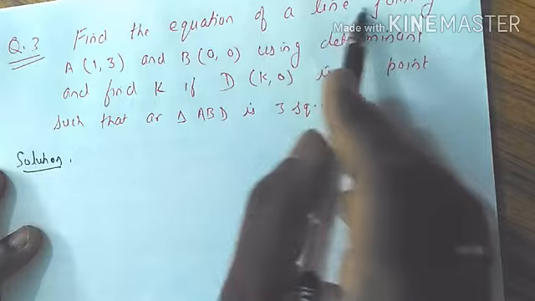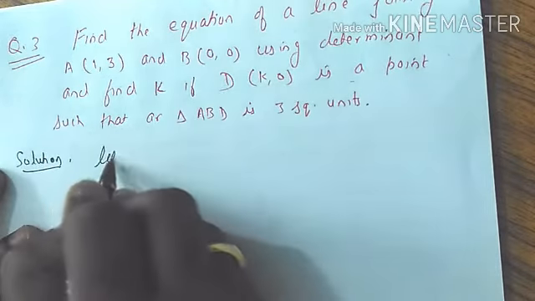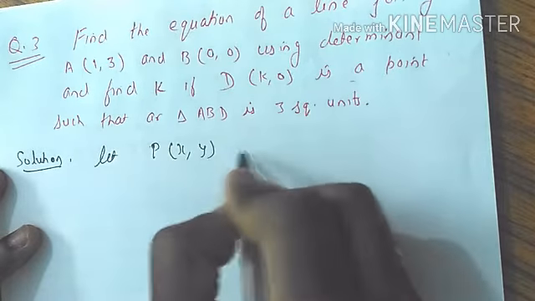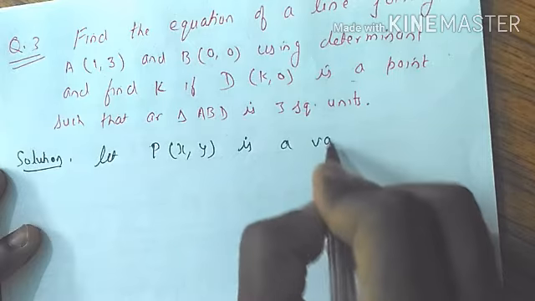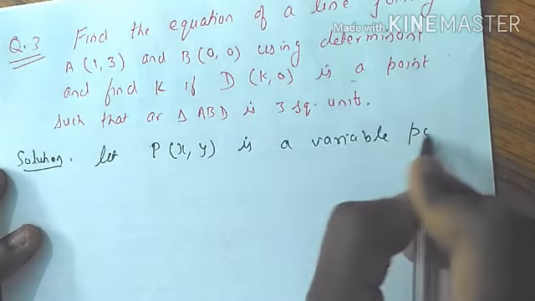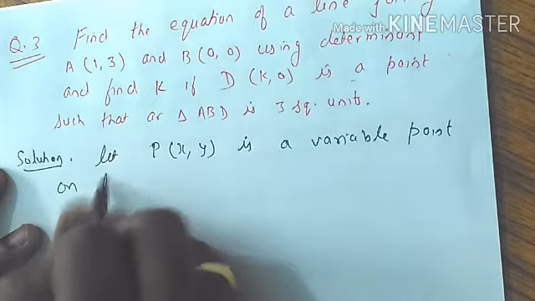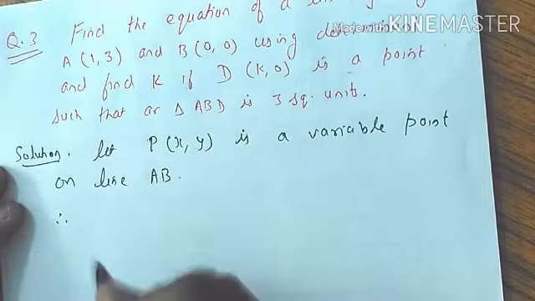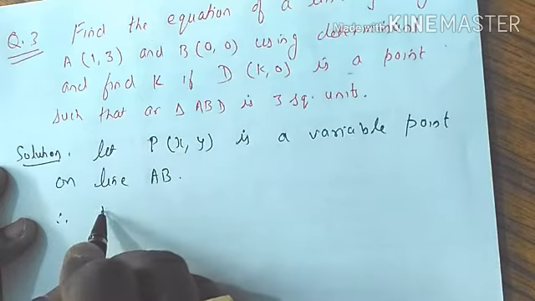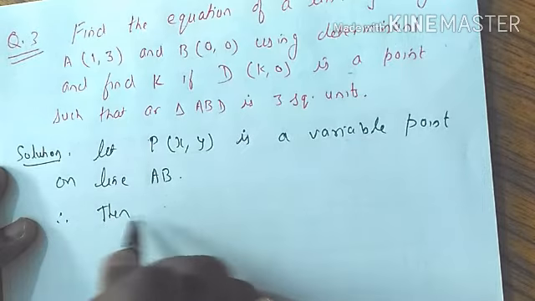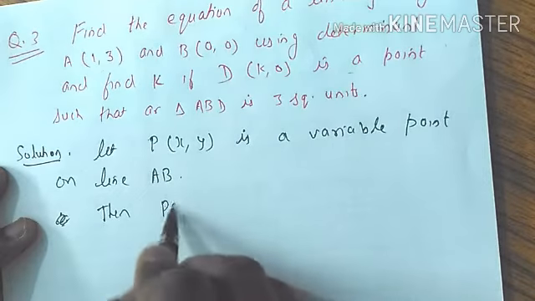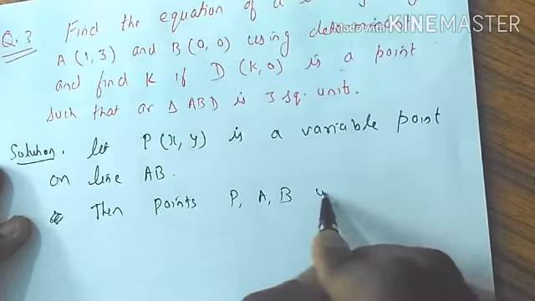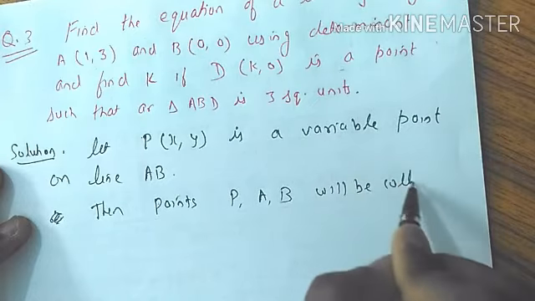So we have to find the equation of the line passing through the points A and B. So let P with the coordinate x, y be a variable point on line AB, right? Therefore the points P, A, B will be collinear.